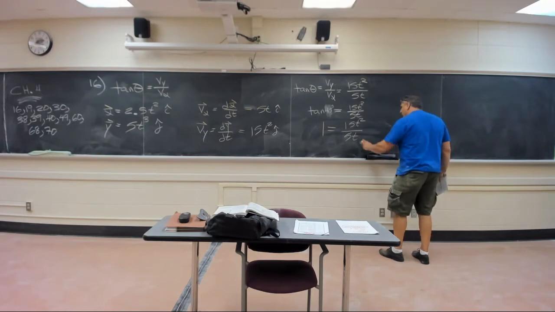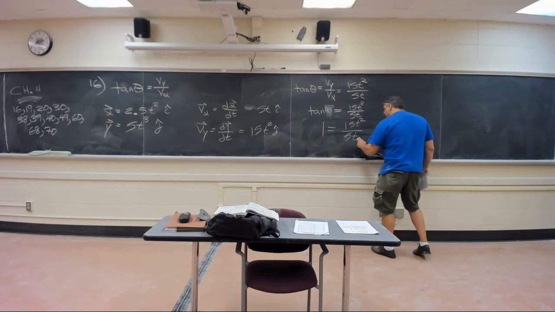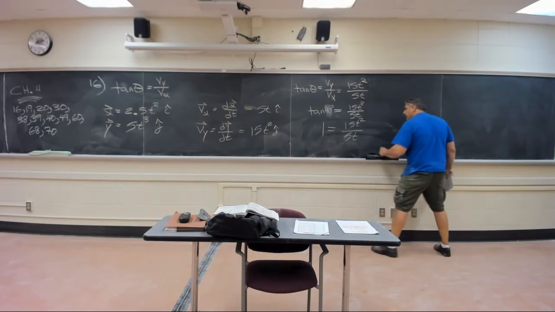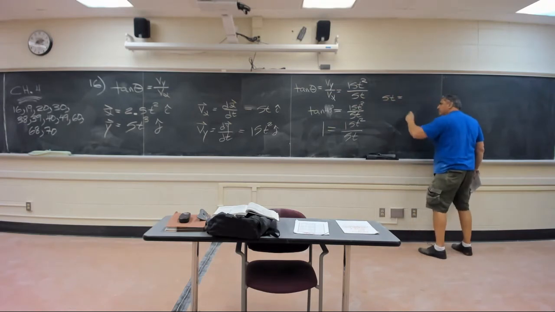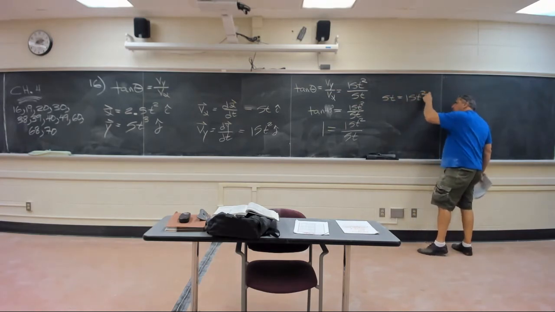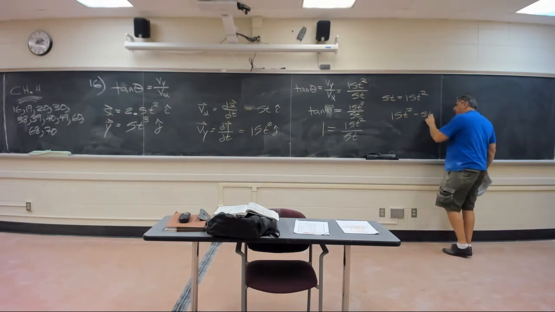1 will be, though. 1 here times 5 is 5. 1 squared times 15 is 15. 15 divided by 5. Actually, no, I take that back. 1 will not be either. Let's figure out what it is. Let's multiply by 5t on each side. Let's solve this, but let's solve it carefully.